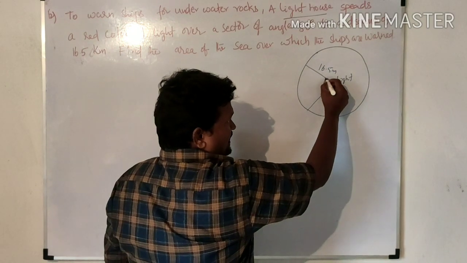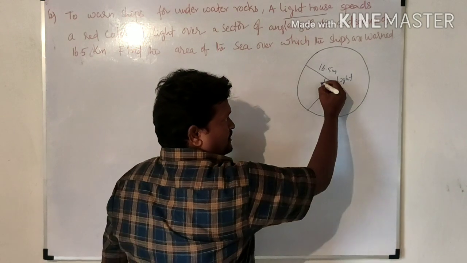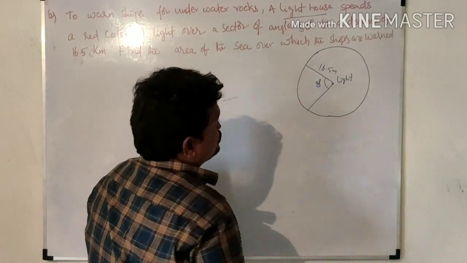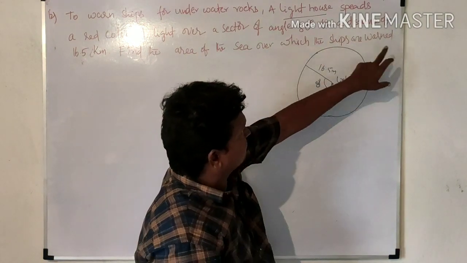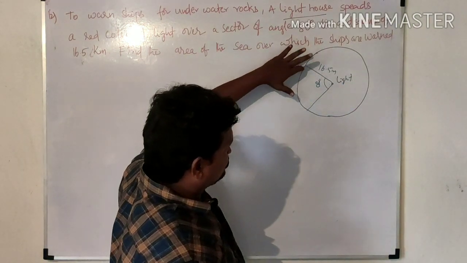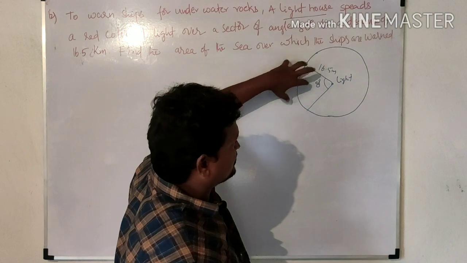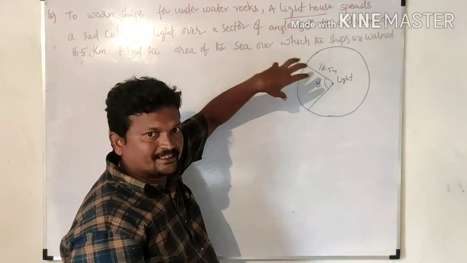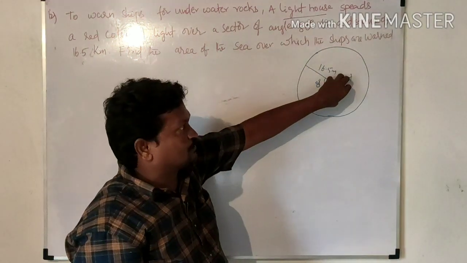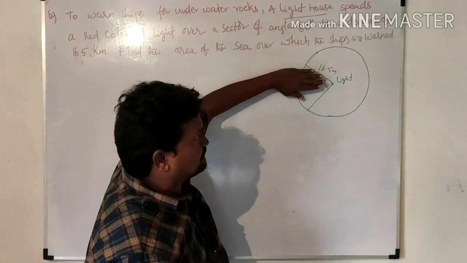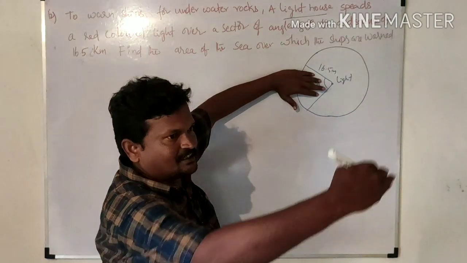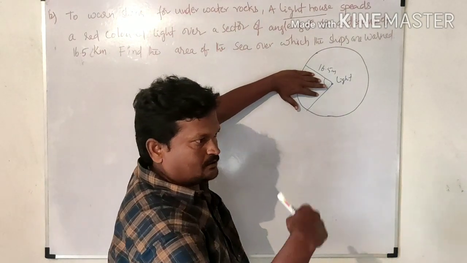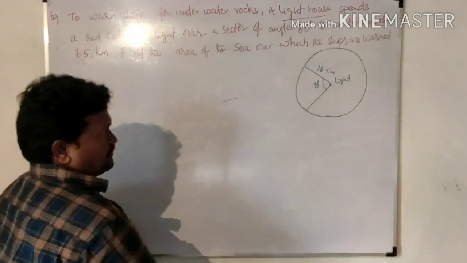And this will make how much angle? 80 degrees. So we have to find the area of the sea over which ships are warned. This area will be warned by this lighthouse. All the ships will be warned by this much light. By taking this light, they will reach.